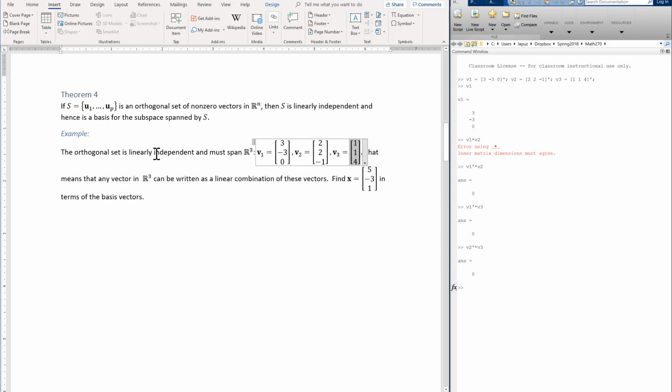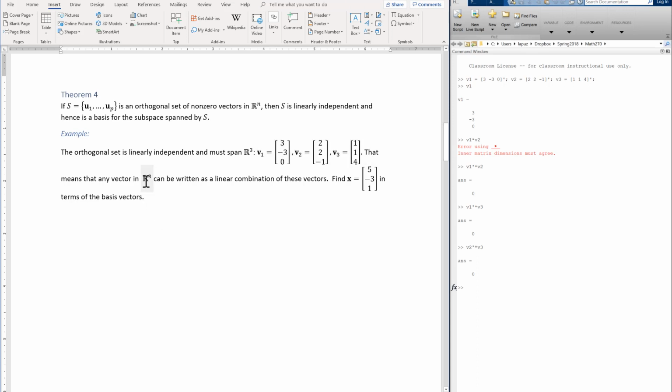So if we have an orthogonal set, then the set is actually linearly independent. We can show that they're linearly independent by setting them up as a matrix and showing that it reduces to the identity. You can set them up as a row or column matrix. You can do a variety of things, looking back at the inverse matrix theorem.